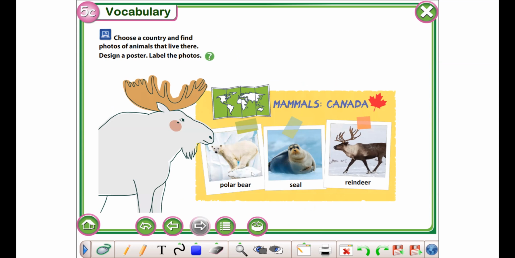Look for animals living in other habitats, like the polar bear, the seal or the reindeer which live in Canada, and design a poster and tell us the stories of these animals. I want this project done for next week. Think of an animal and describe where it lives and what its life is like.